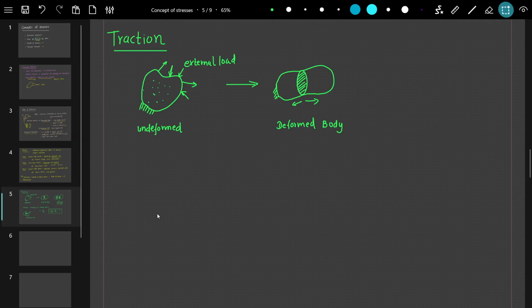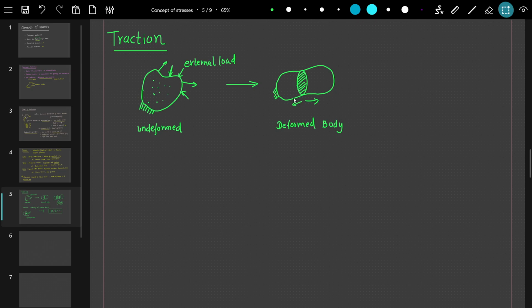Okay, so let's understand the concept of traction first. Let's take this solid body which is subjected to external load, and it is constrained at some region. It has an infinite number of continuum particles or points. This is the deformed position; after the external load, let's take it that this is how it deforms.